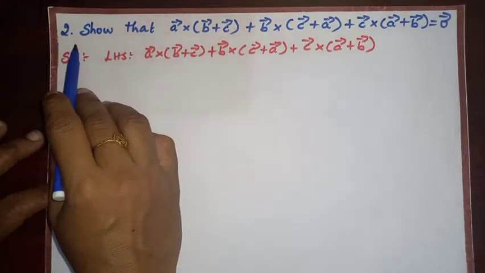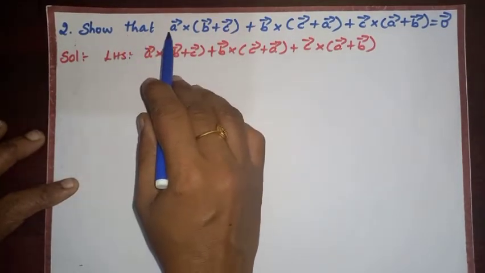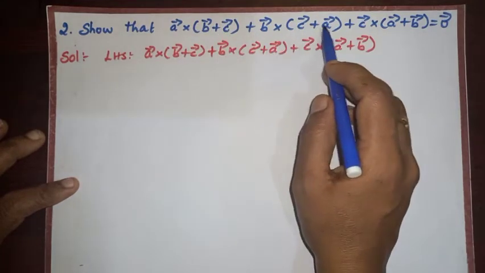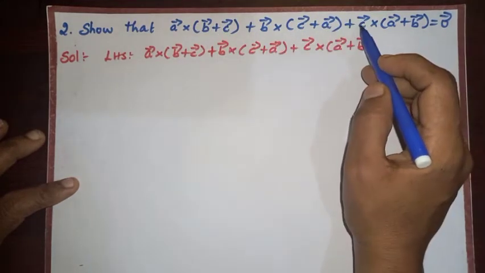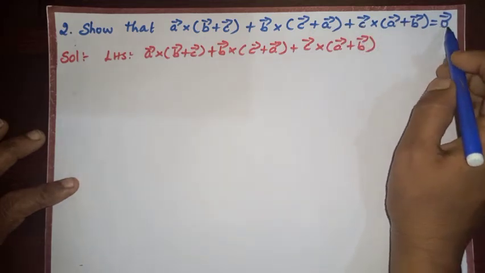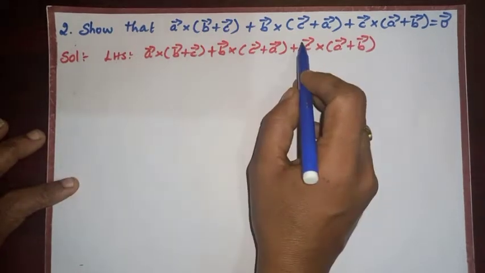Sum number 2. Show that vector A cross (vector B plus vector C) plus vector B cross (vector C plus vector A) plus vector C cross (vector A plus vector B) is equal to the zero vector. Take the left hand side.